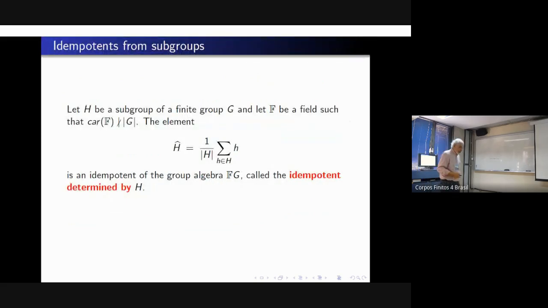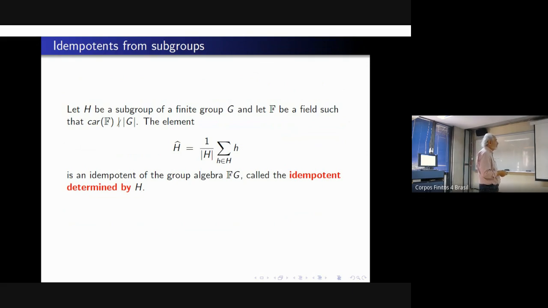When you work with group algebras, as was my case before I even heard about codes, when you work with the structure of group algebras, there is a very natural way to introduce idempotents. If H is a subgroup of a finite group G, and we are in the same semisimple case, then we can construct this element.